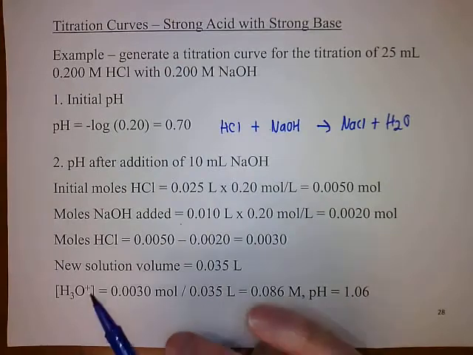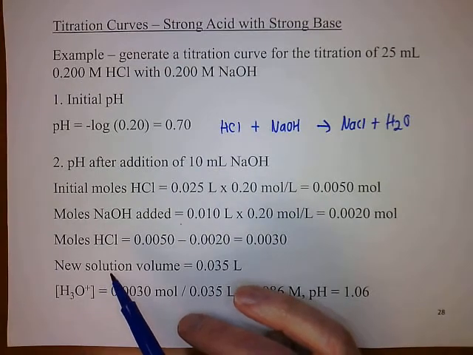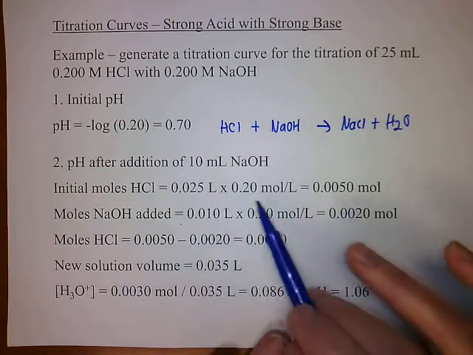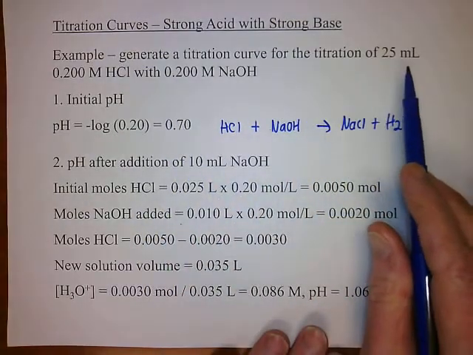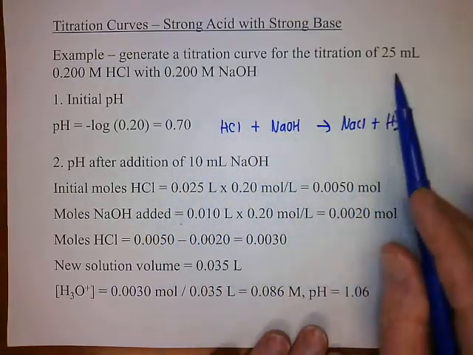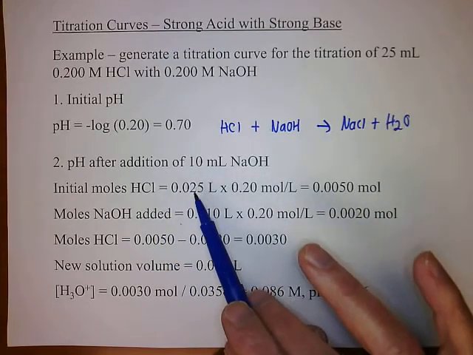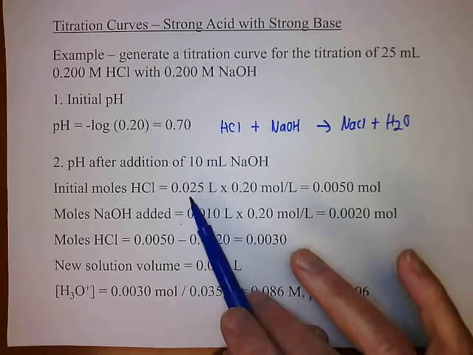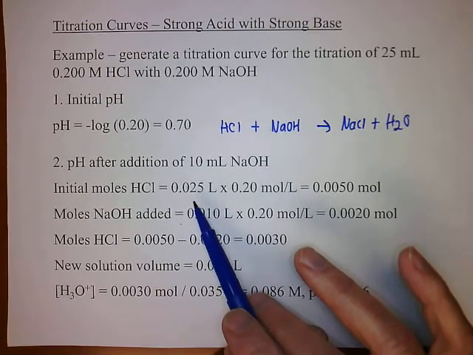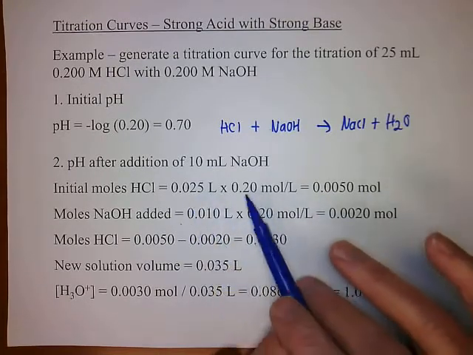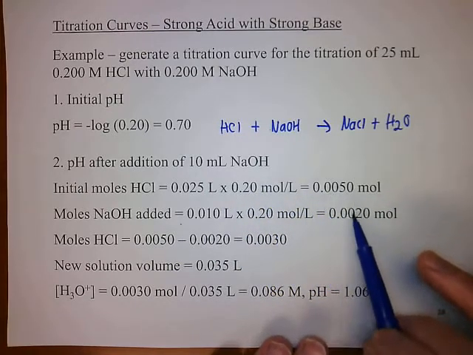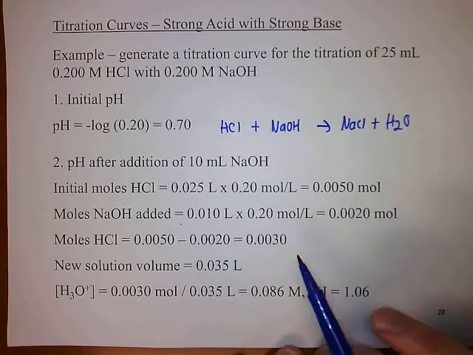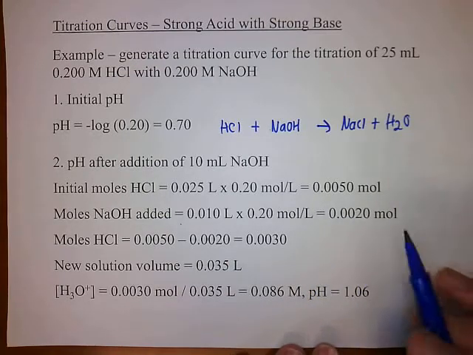That's molarity, moles per liter. So 0.20 moles per liter. To be consistent with the units, milliliters had to be converted into liters. That's how 25 became 0.025, divided by 1,000. So 0.025 liters times 0.20 moles per liter is 0.0050 moles, or 5 times 10 to the minus third if you wish.